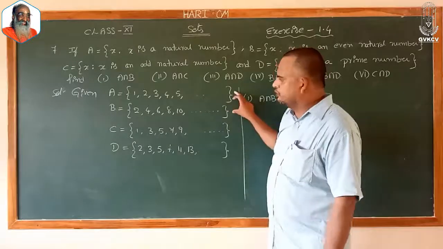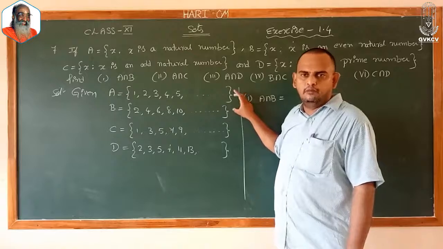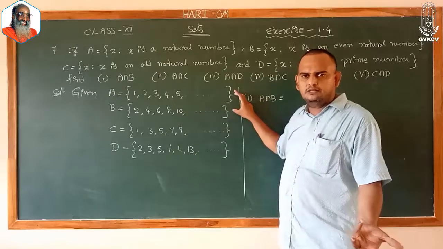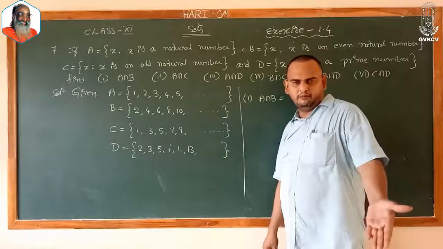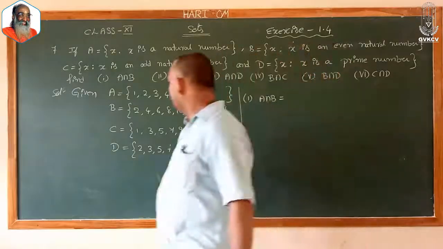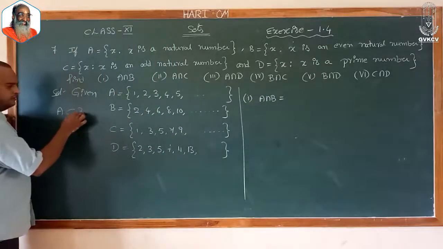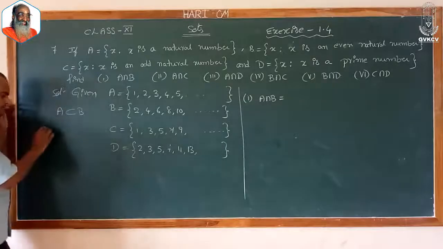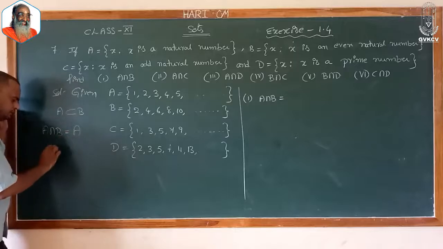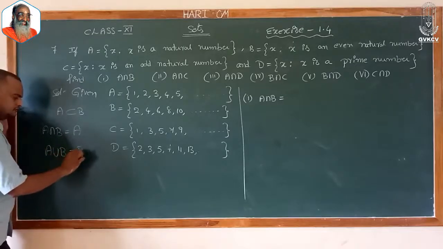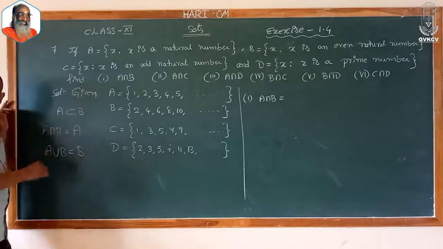Means when we discuss A and B, what do we get as the common elements between these two? Again we get B only. As we discussed in problem number 3 in the same chapter, when A is a subset of B, A intersection B is A, and A union B is nothing but B. In the last class we had this concept.